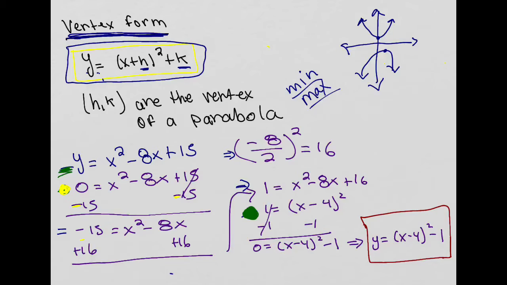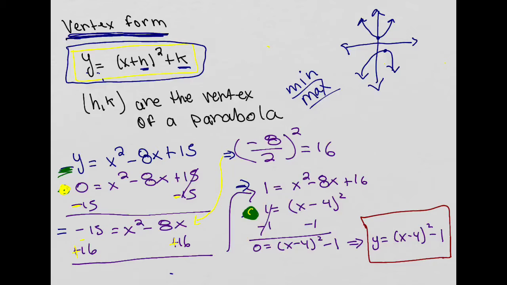Then I take the b, divide it by 2 and square it. That gives me 16. Then I add the 16 to both sides. And that leaves me with 1 equals x squared minus 8x plus 16.